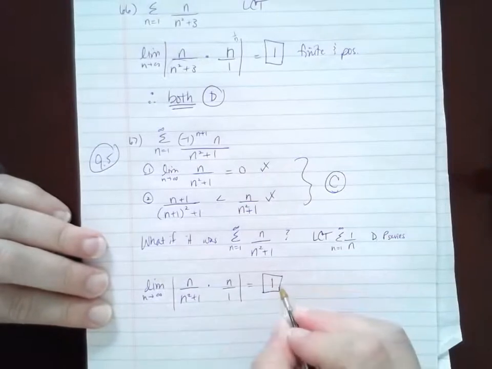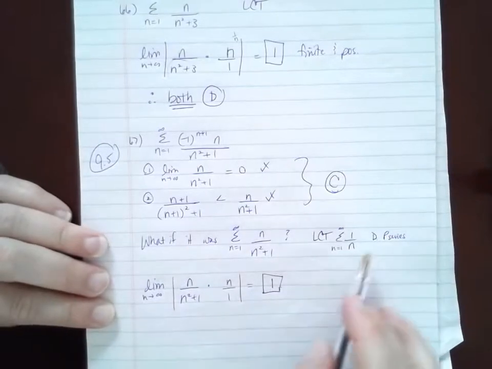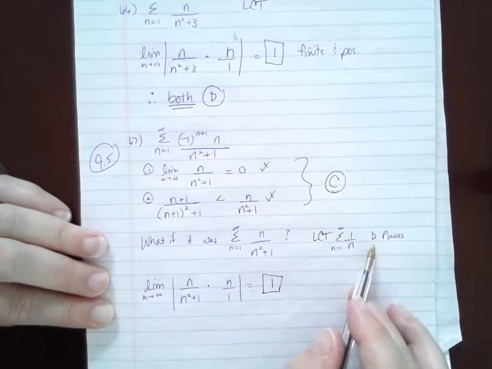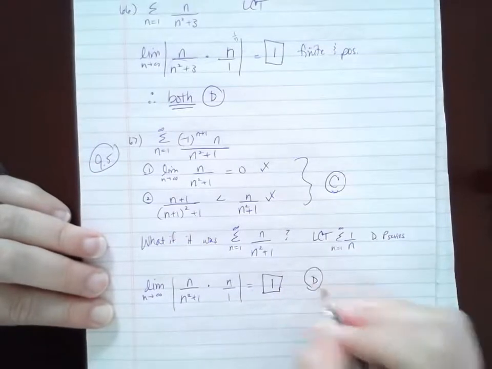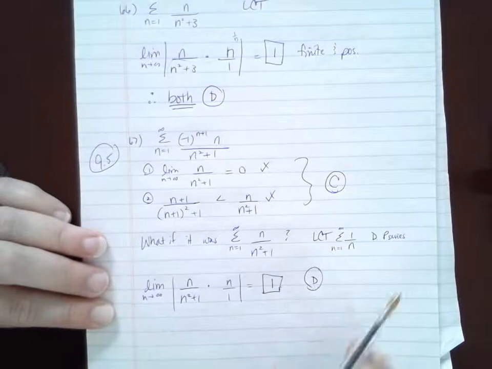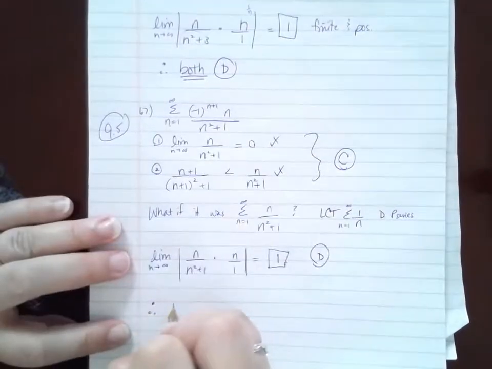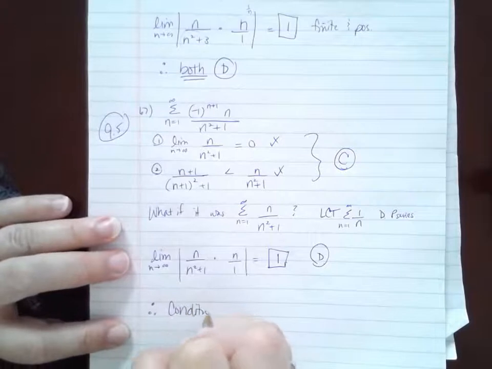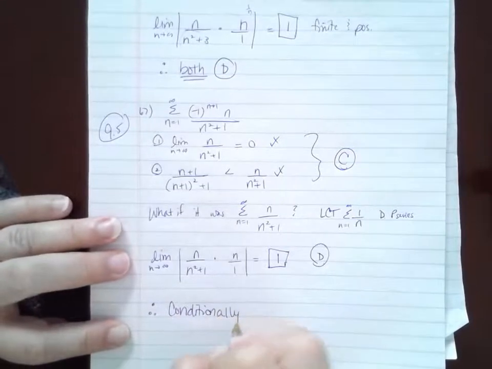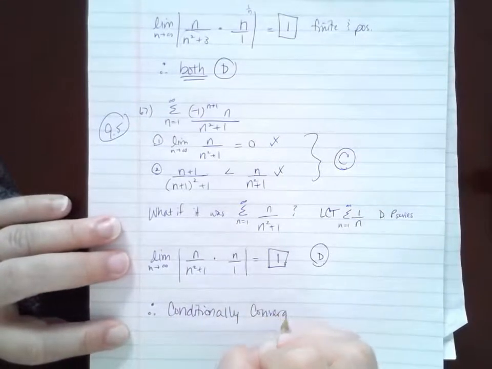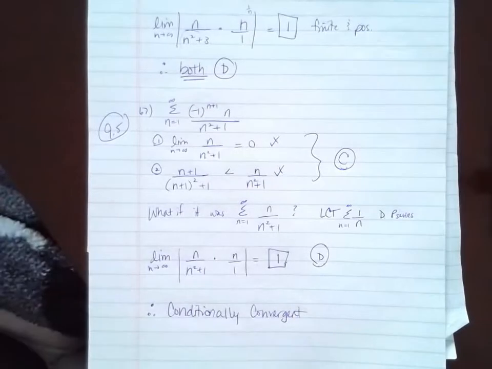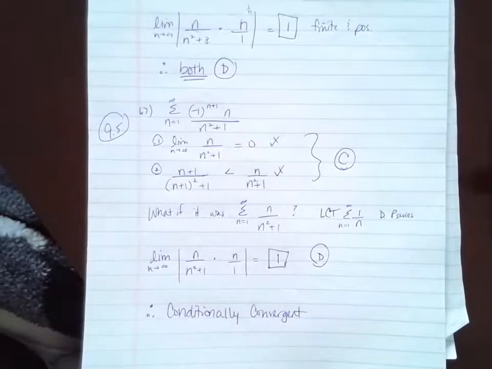Finite and positive means that these are both divergent. So if I have a divergent after I've already established convergence, then this is what we call conditionally convergent. It's convergent, but only for a certain time.